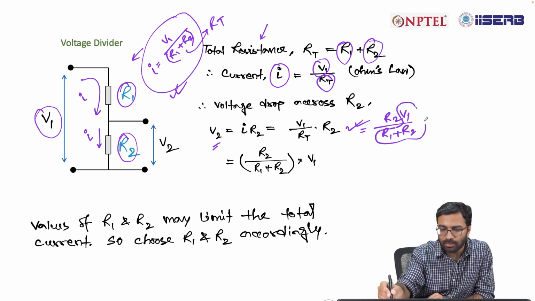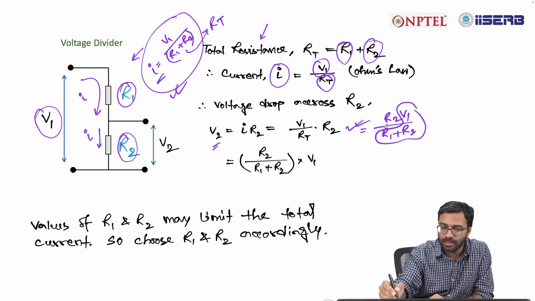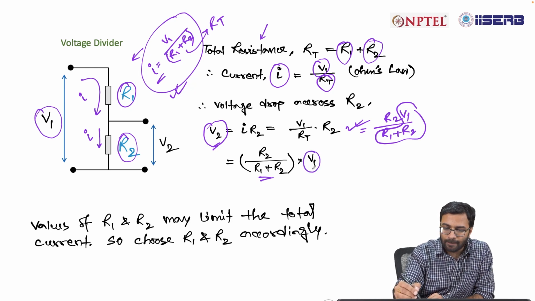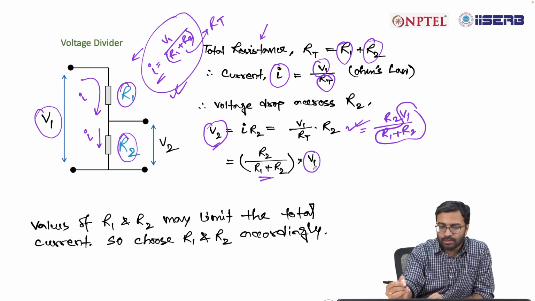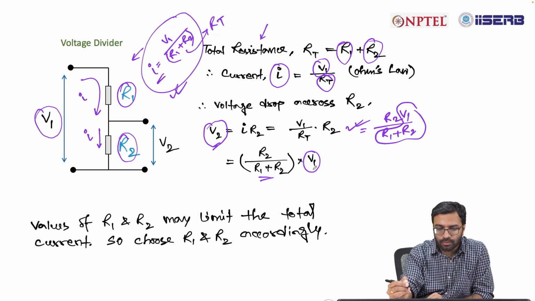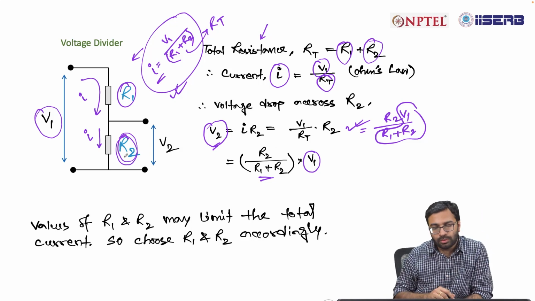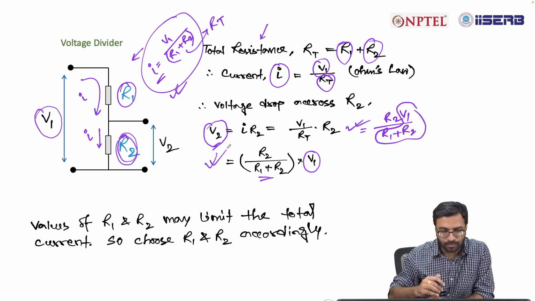This V1 by R1 plus R2 is your I, so it's I into R2. So your V2 value is R2 divided by R1 plus R2, into V1. Hence, if you try to figure out what voltage you want to drop across R2, you can use this equation.